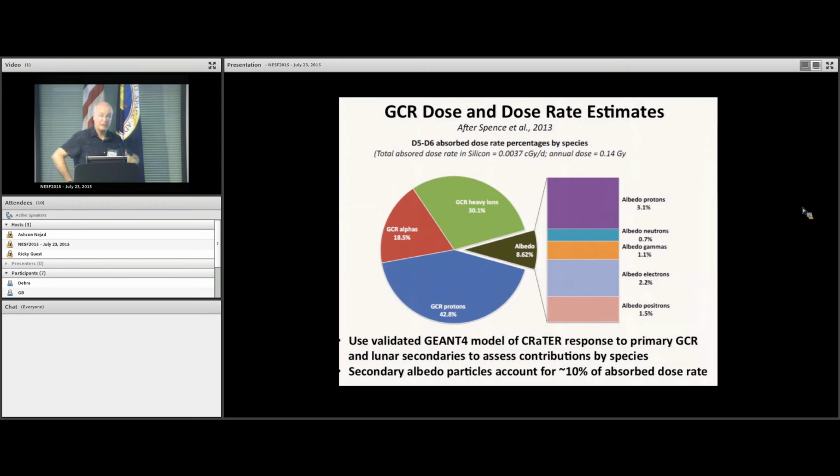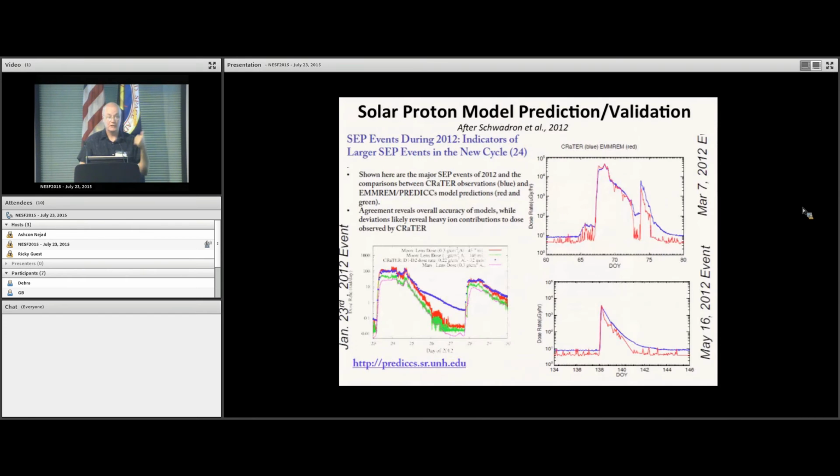The volume of that is about the thickness of your torso. And so you can see that we have contributions from protons and galactic cosmic ray alphas, then heavy ions. Then there's this albedo coming back from the surface, both in the form of neutrons, protons, and a whole alphabet soup of nuclear byproducts.